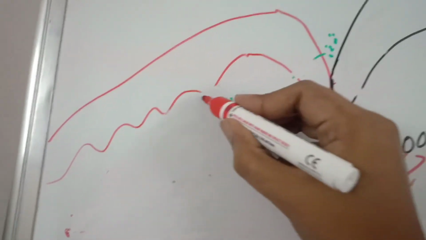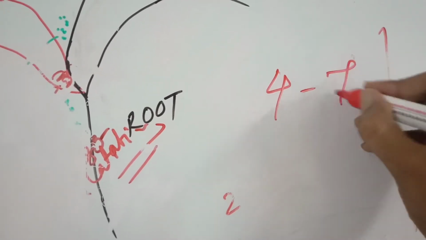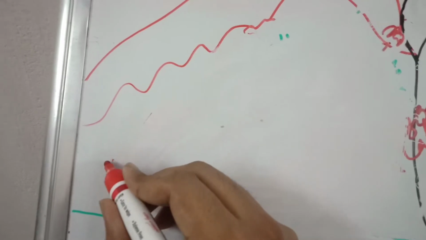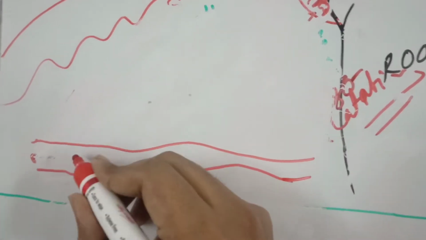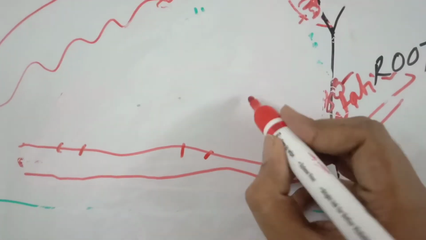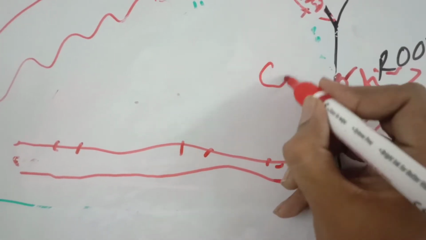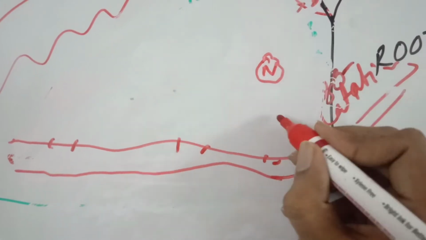After 4 to 7 days, what will happen? This is a blood vessel, vasodilated blood vessel. There is leakage here and there. Neutrophils are already there.